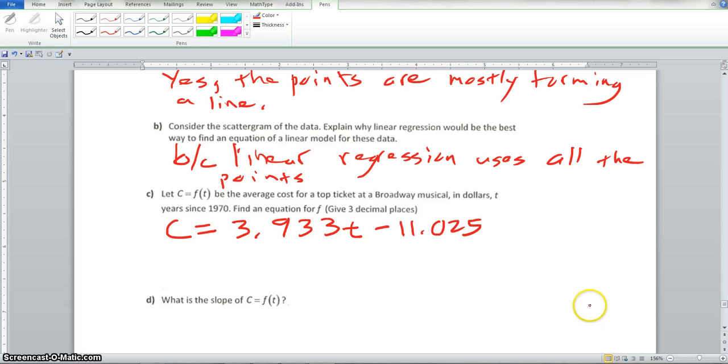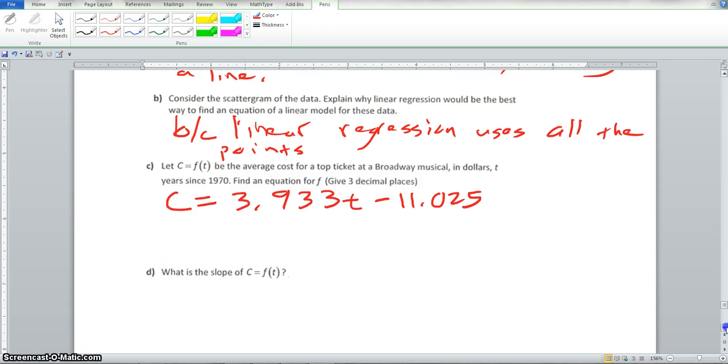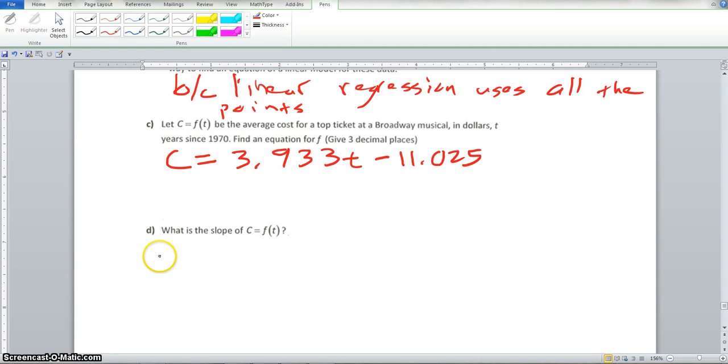Now it says, what is the slope of C is equal to f of t? Now, if we look here, it would be actually 3.933. And then it also asks, what does it mean in this situation? I don't have that question there, but you do.